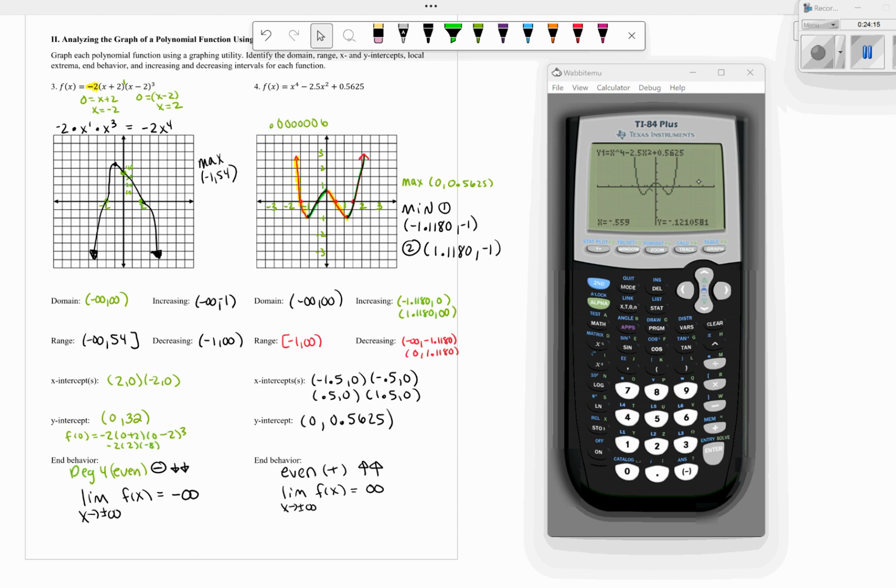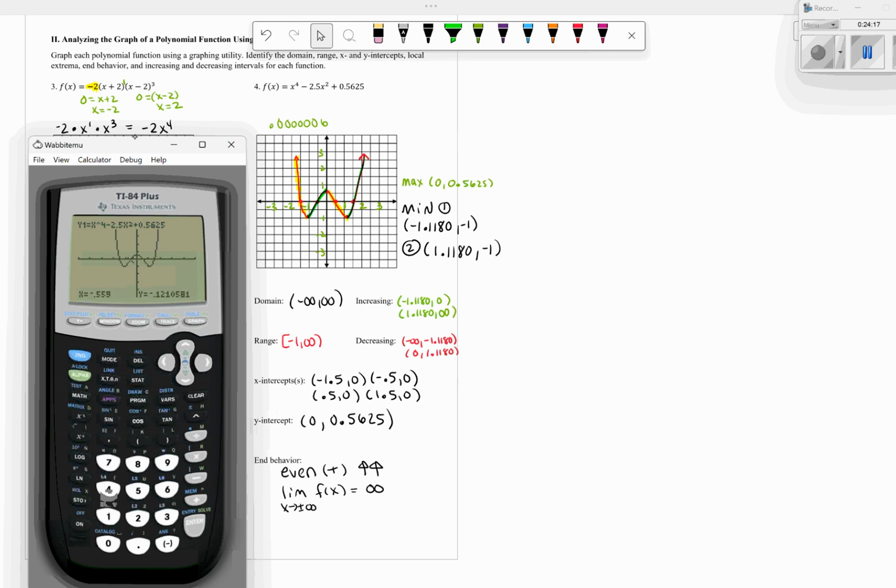I guess, while we're here, might as well write down the points of inflection. So our first point of inflection was at (-0.559, -0.1211). Then our other point of inflection is the same thing, but it's positive because we're going from 0 to that 1.1180.